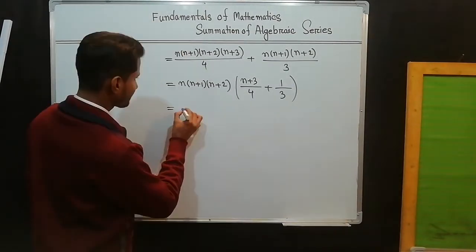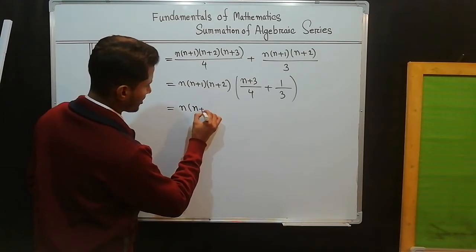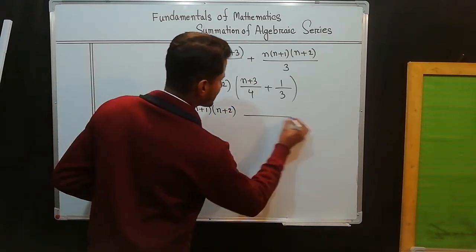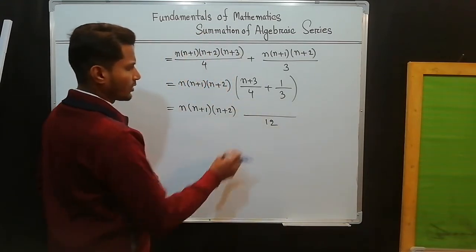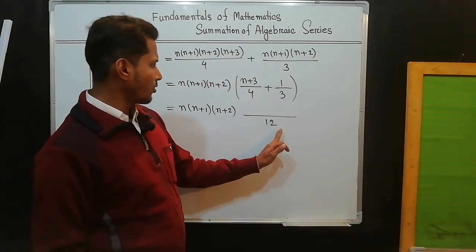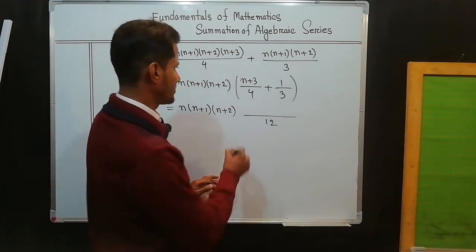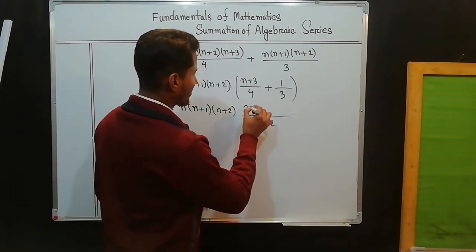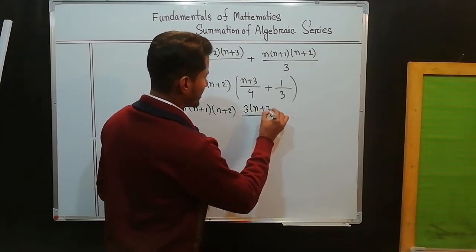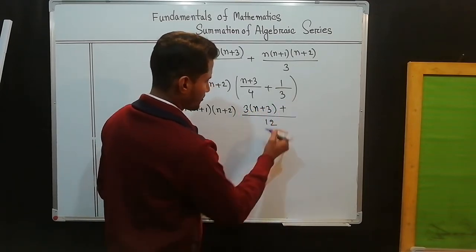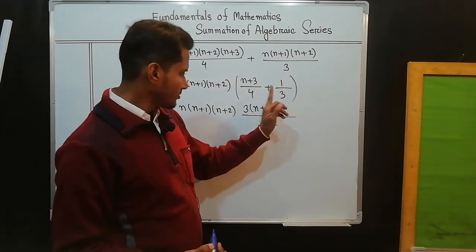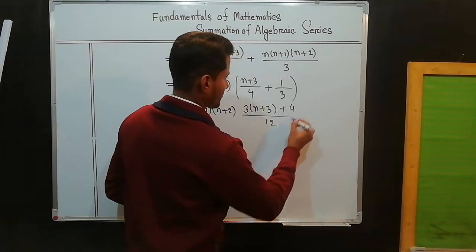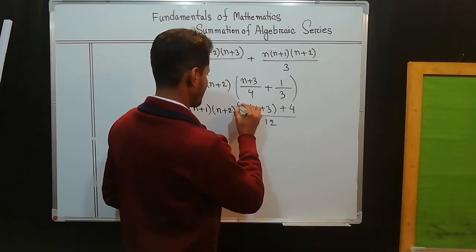Dividing 12 by 4 gives 3, which multiplies (n plus 3); dividing 12 by 3 gives 4, which multiplies 1.